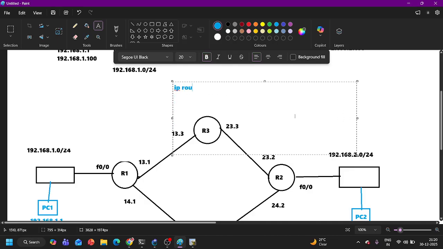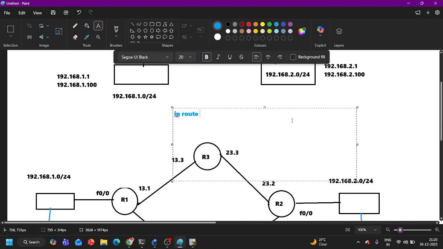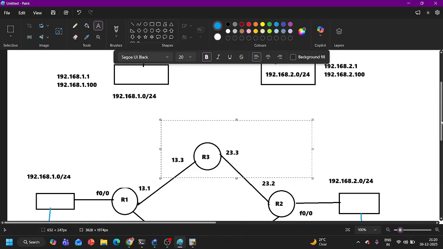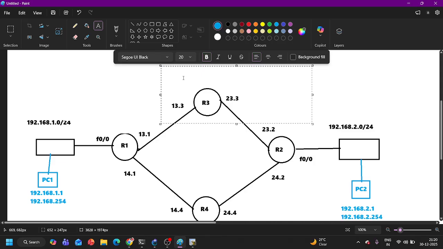IP route. Tell me on R3, directly. On router number 3, how will you configure routing? IP route 192.168.2.0, exit interface, whatever that interface is.